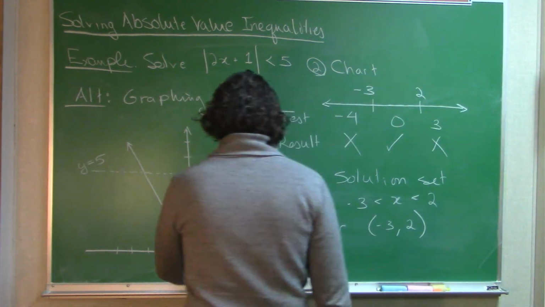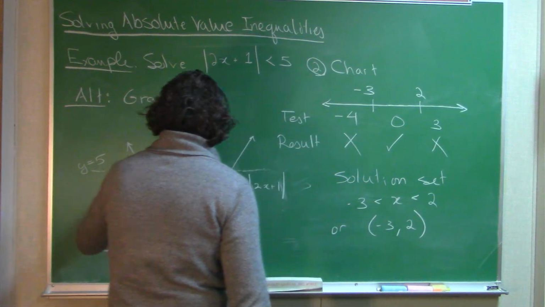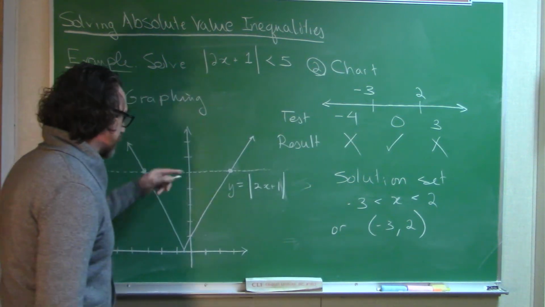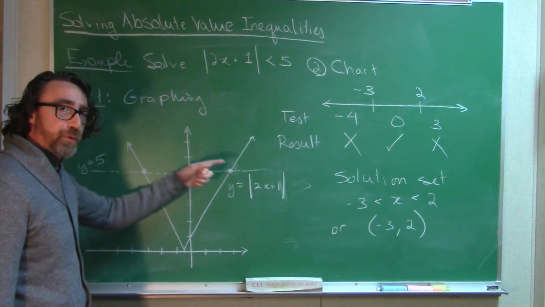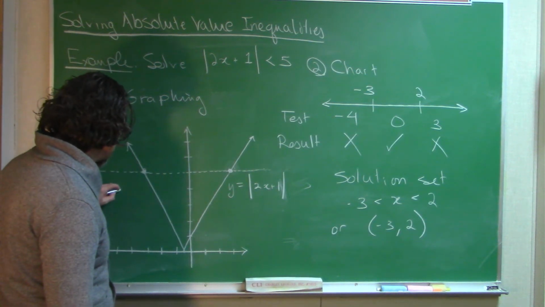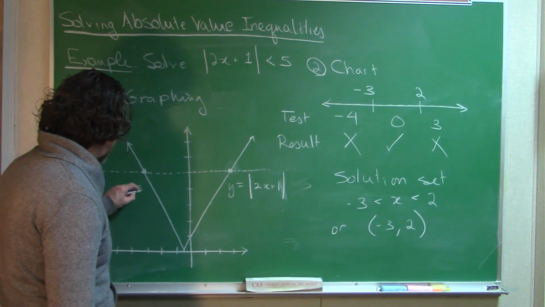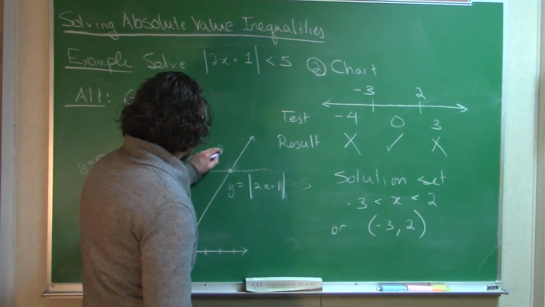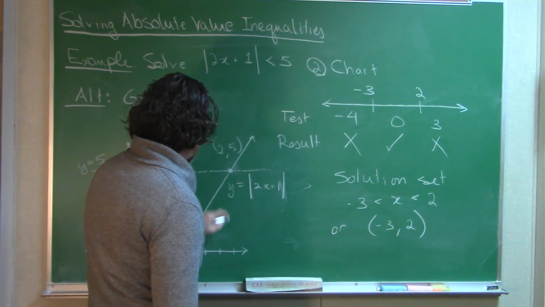Okay, so we notice this intersects the V-shaped graph in two places. One of these places is (-3, 5), and another place is (2, 5).